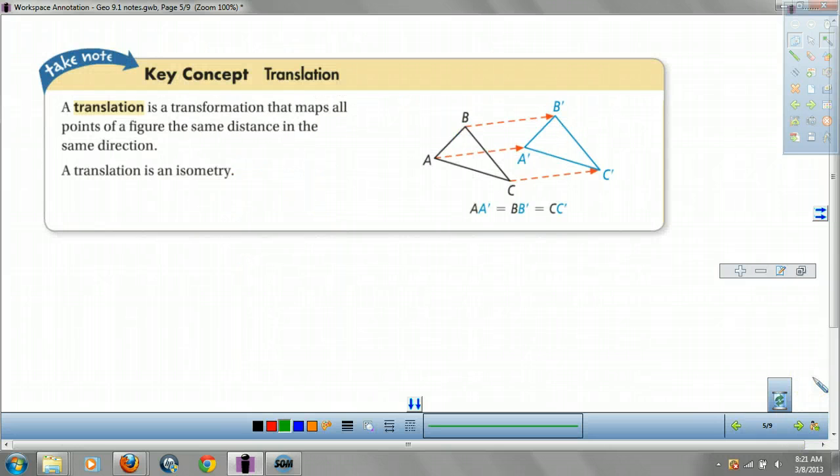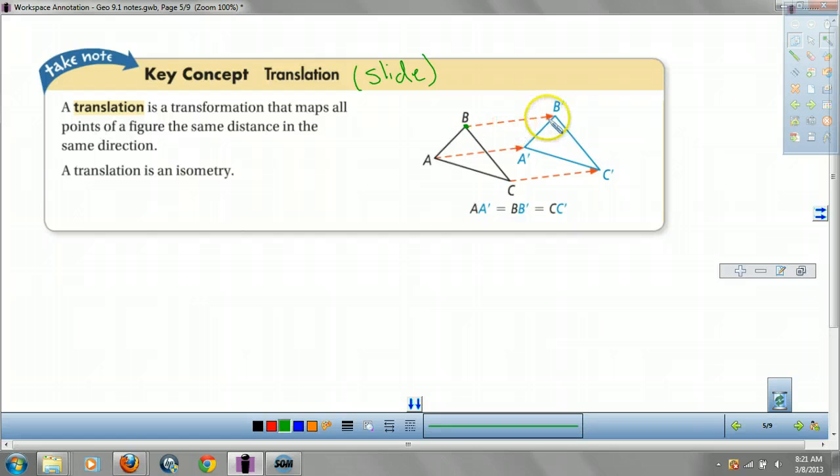We're going to talk about translations now. They're the first of our isometries. A translation is a fancy word for a slide. I'm not talking about the slides you stand at the top of and yell "wee" as you slide down. What a translation is, you take a figure.